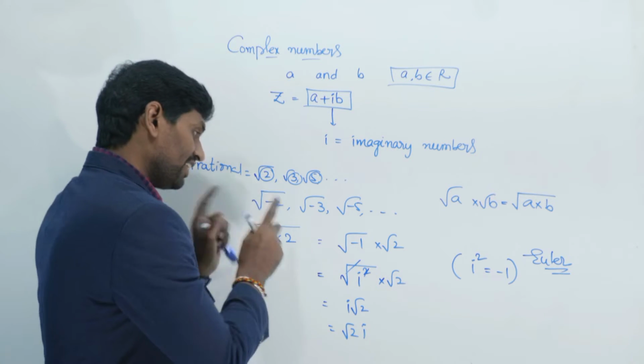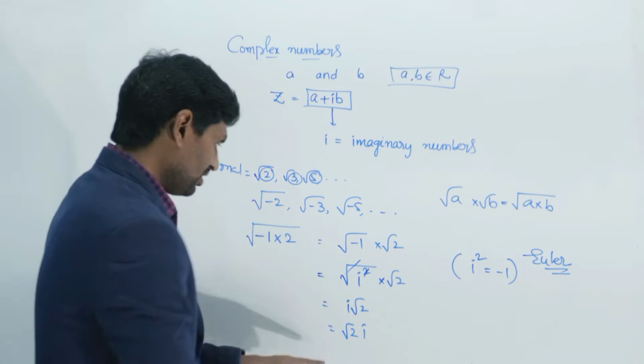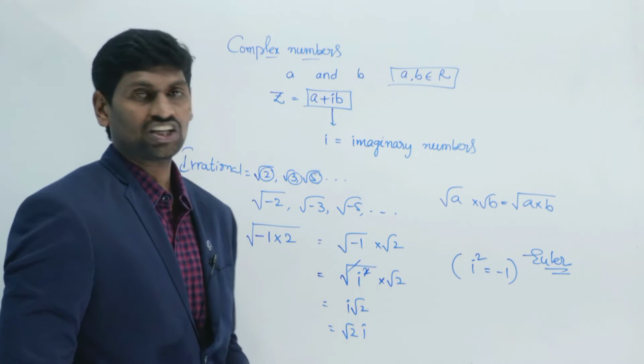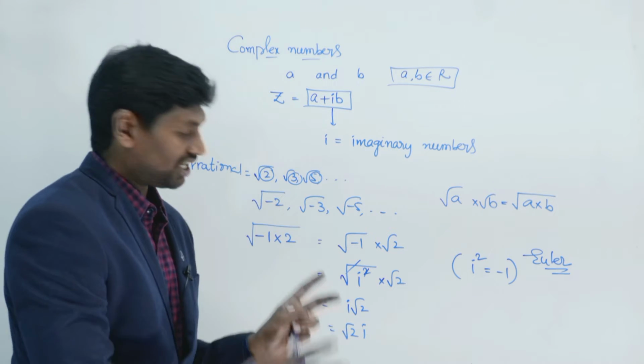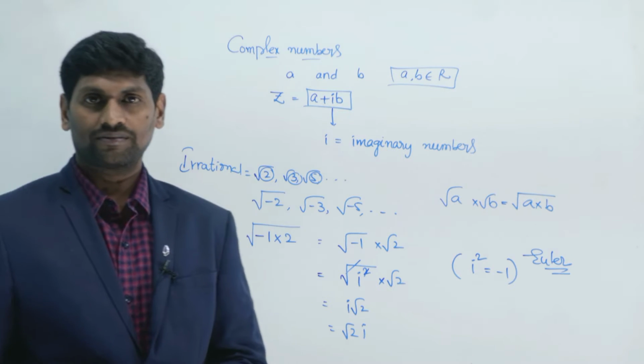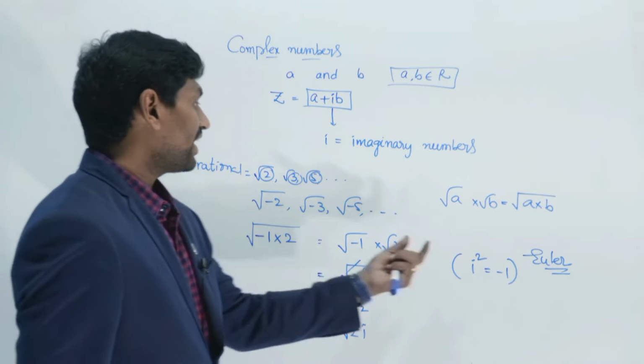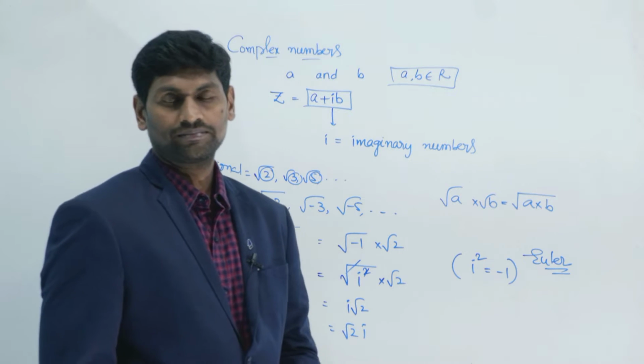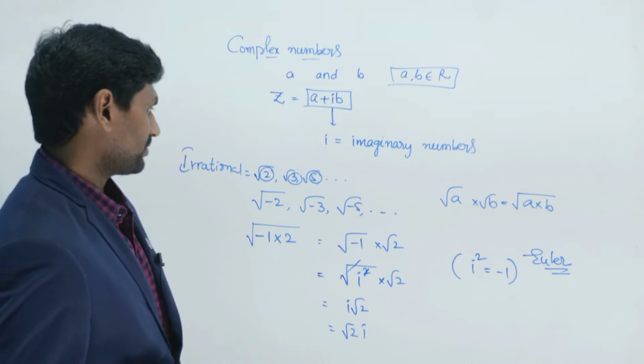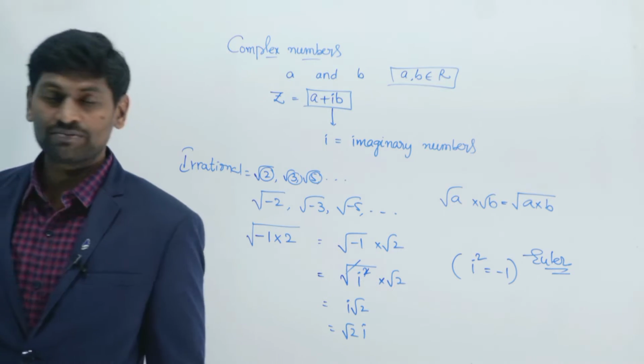So root over minus 2 we express as root 2 into i. That's why we call the root over negative numbers imaginary numbers, where i square value is minus 1.